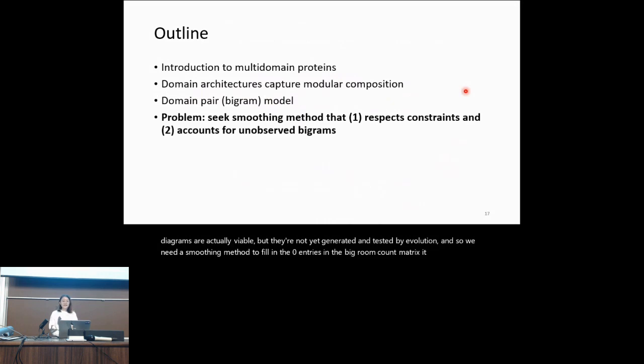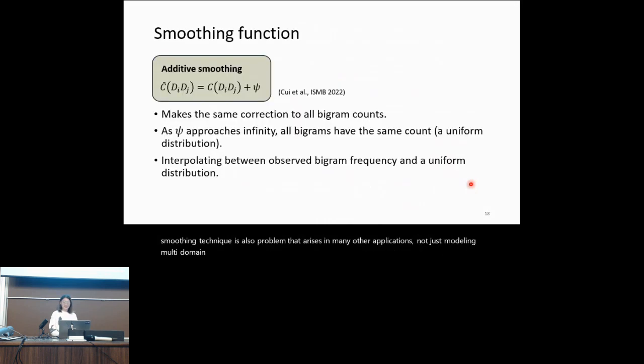It is partly needed by the math of the models, but it should also encode our hypotheses on the biological reasons why we don't observe something. Selecting an appropriate smoothing technique is also a problem that arises in many other applications, not just modeling multi-domain architectures.